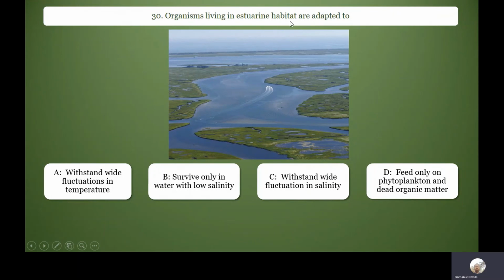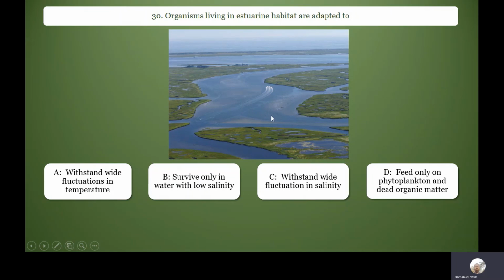Organisms living in the estuarine habitat are adapted to, the correct option here is C, withstand wide fluctuation in salinity. Of course, estuarine habitat is a mixture of marine water and fresh water. An example is the lagoons. In the lagoons, you have a mixture of fresh water and marine water, that's water from the sea or oceans.